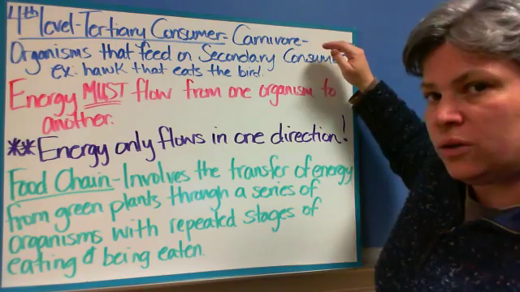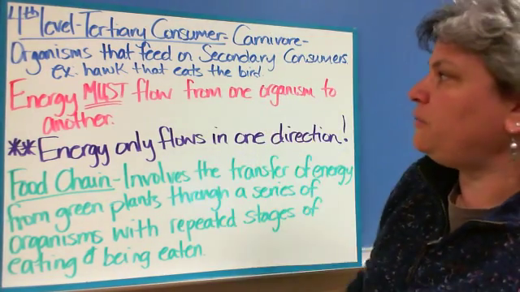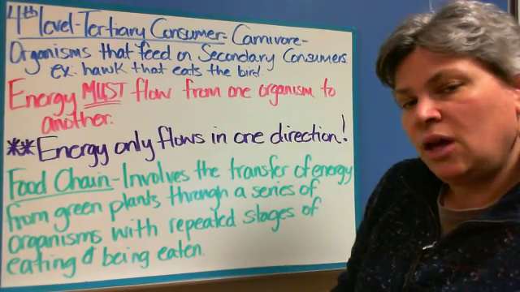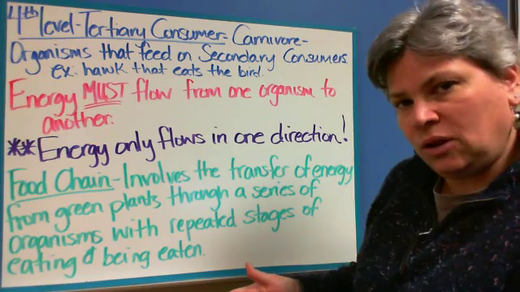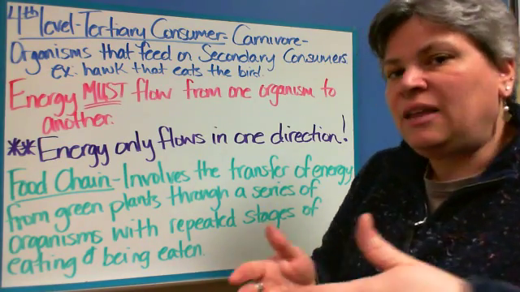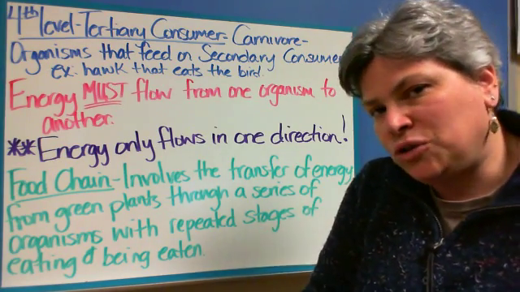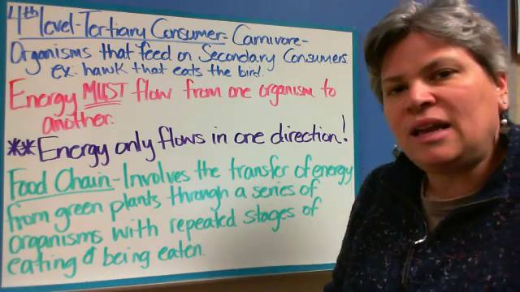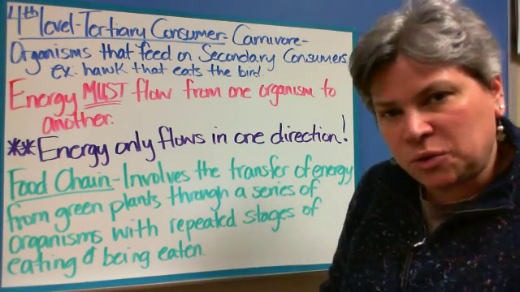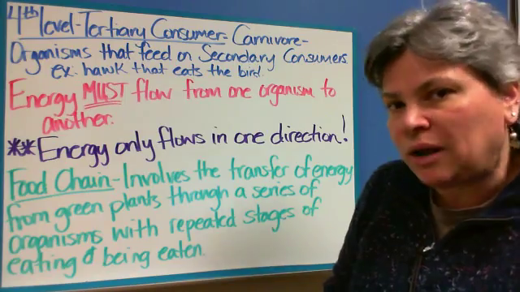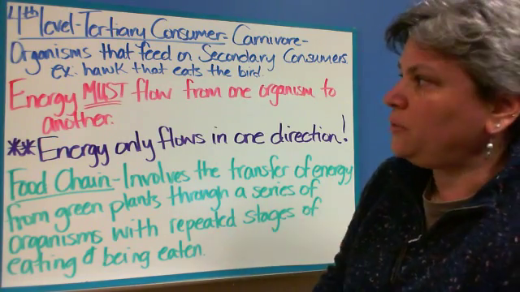Again, they're carnivores. Organisms that feed on secondary consumers. So it would be the hawk that comes along and eats the bird that ate the grasshopper that ate the oak tree leaves. So you're kind of getting this whole, like, there was an old lady who swallowed a fly song going. Similar idea. You keep moving up the food chain.